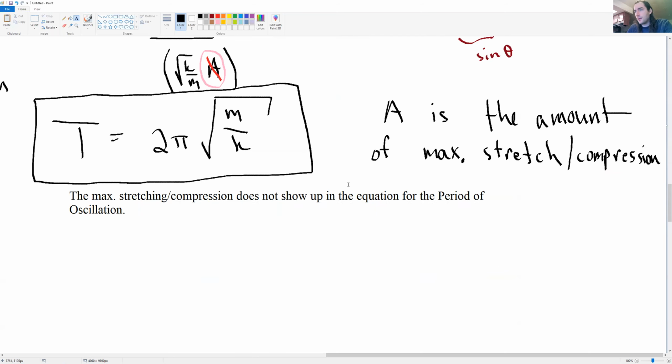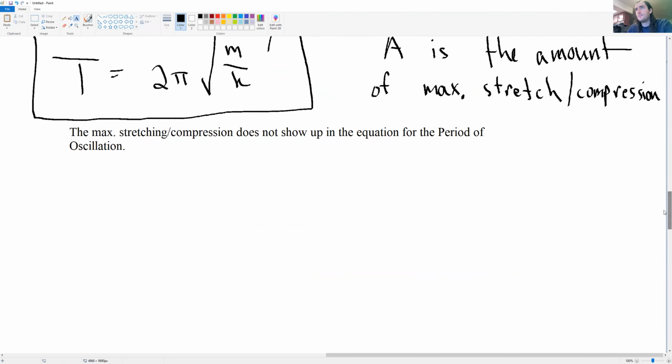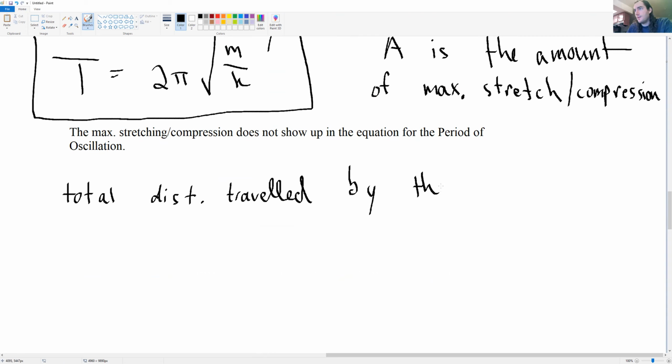Oh, whoops, click off of that and then scroll down. So the total distance traveled by the mass on the spring: how much is it?